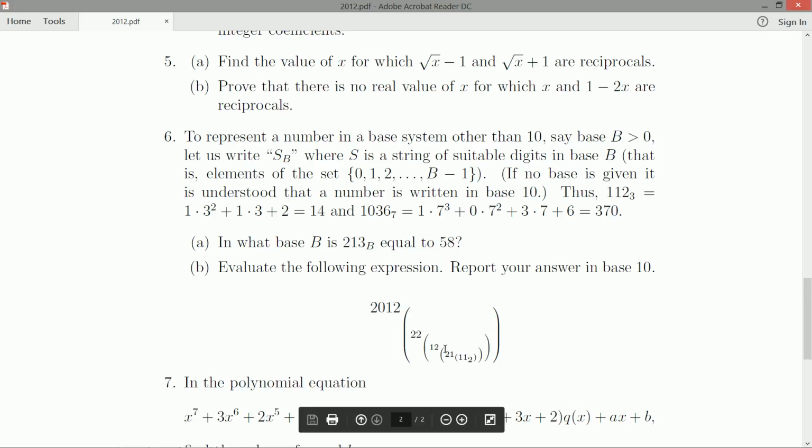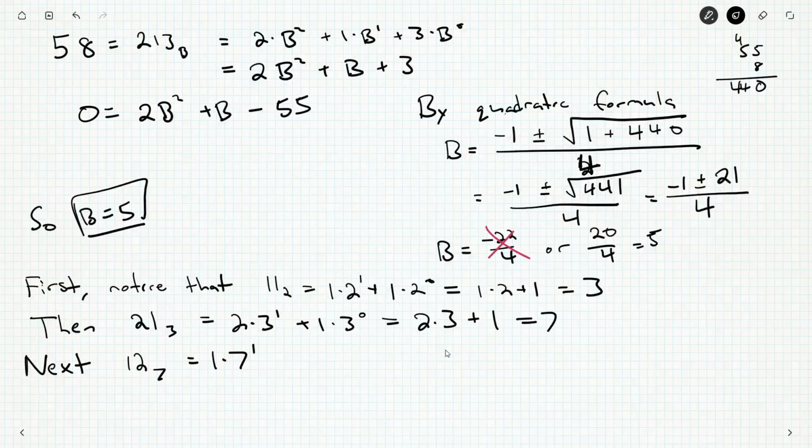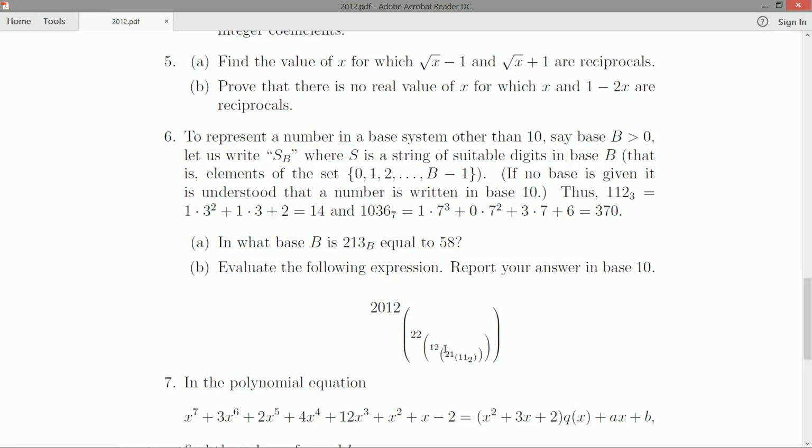1, 2, base 7. This is 1 times 7 to the 1 plus 2 times 7 to the 0. Getting great exercise from our knowledge of bases. 7 plus 2, 9. Okay, well now we've got a base of 9 working out. 2, 2, base 9.